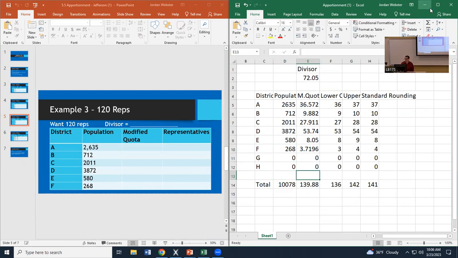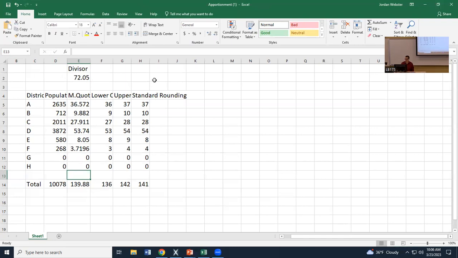All right. Now, just so we calculate, remember there's 10,078 people. I want to take that 10,078 and divide it by 120. The standard divisor is about 83.98.